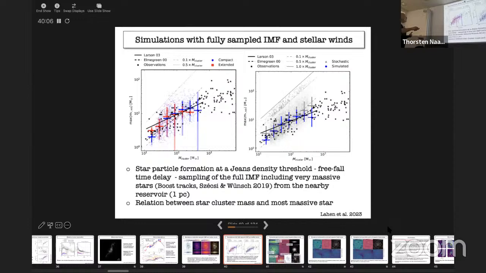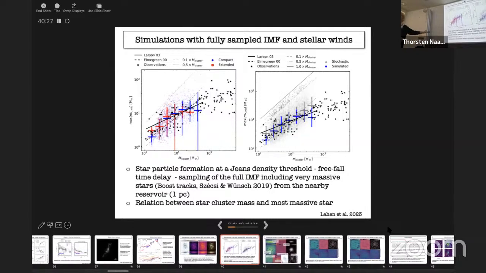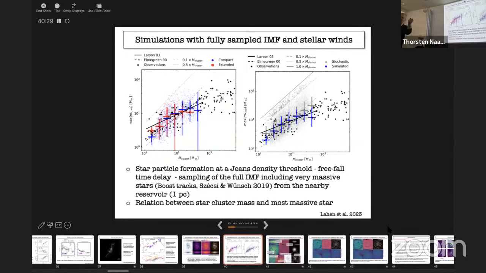And we see some indications for this with the star formation prescription we have here. We also sample different initial mass functions depending on where we are. It's very early to talk about the implications of this, but we think we have a handle on how we make the clusters and how we put the most massive stars in the clusters. It does matter for the evolution of, in particular, the small star clusters.